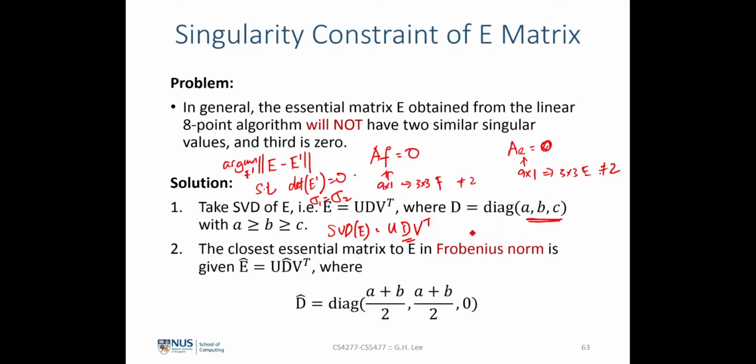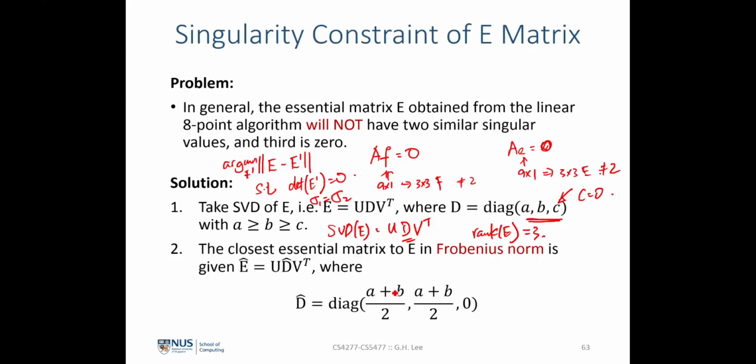Since in general E is corrupted by noise, the rank of E after computing this is going to be equal to 3. So we'll simply assign the third value over here, C, the least singular value, to be equal to 0. And we'll take a simple approach by taking the average of the first and second singular values, so it will be A plus B divided by 2.